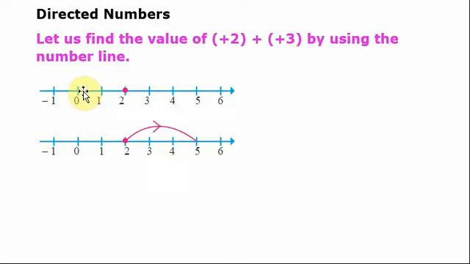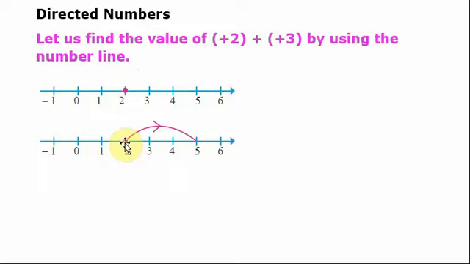Right, now just consider this example, plus 2 plus 3. This is the first number we are going to add using a number line. So here this is the point, 2. Plus 3, right?